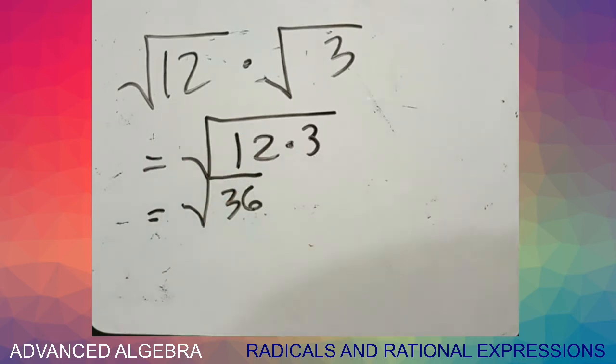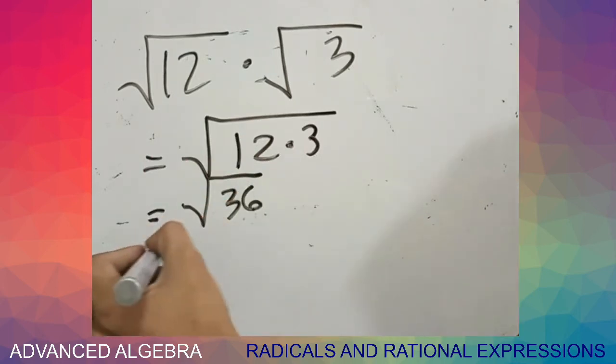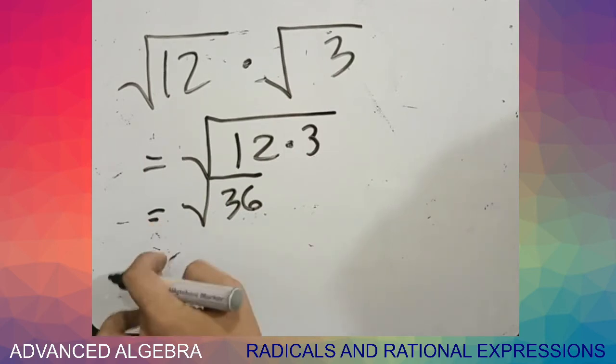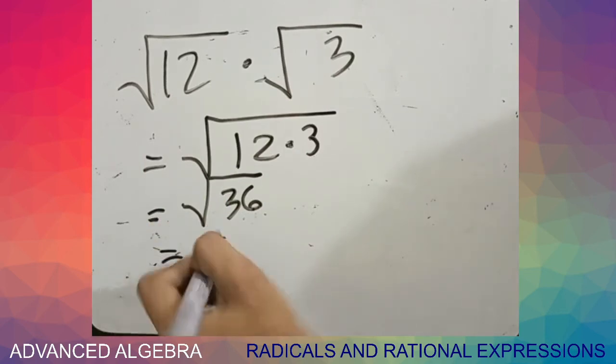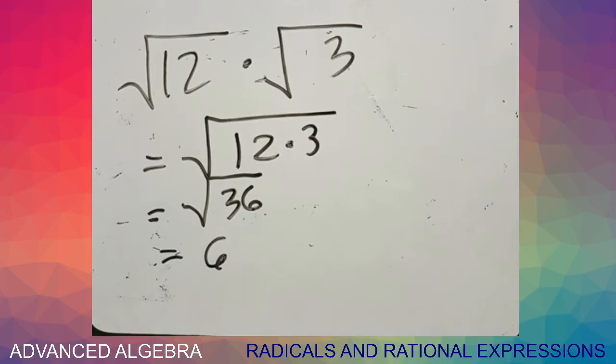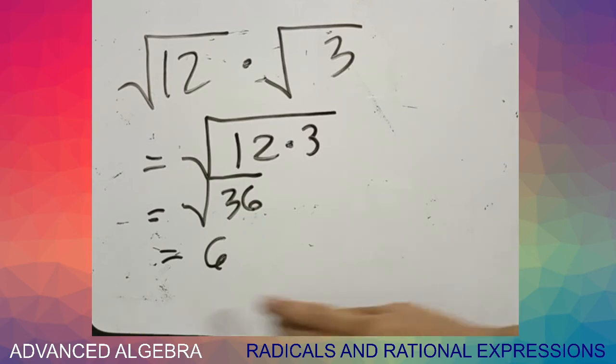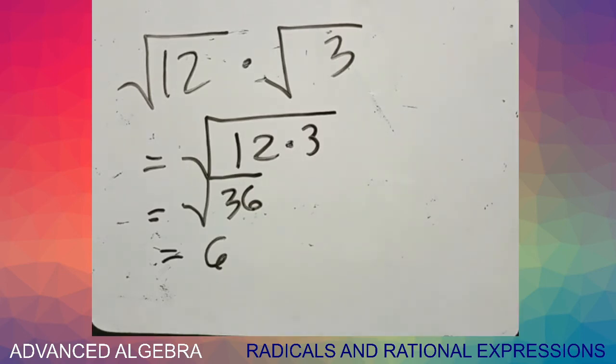What is the perfect square root of 36? Ang perfect square root niyan ay 6, kasi 6 times 6 is 36. So, 6 ang sagot. Okay?